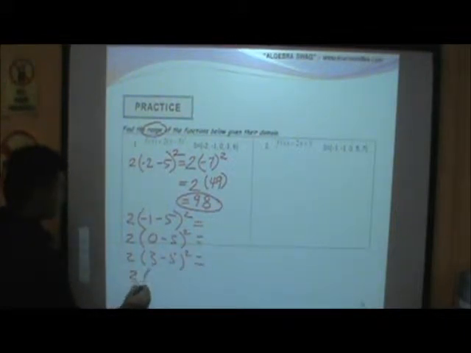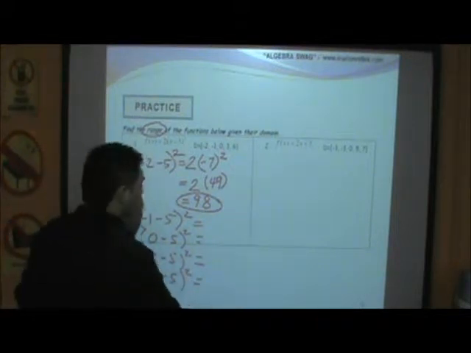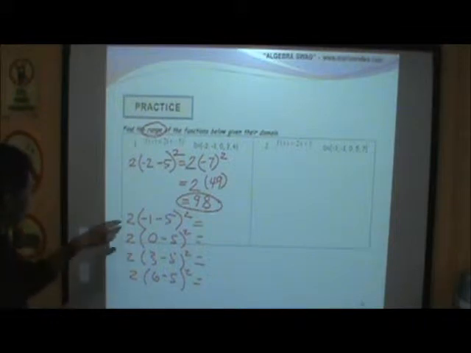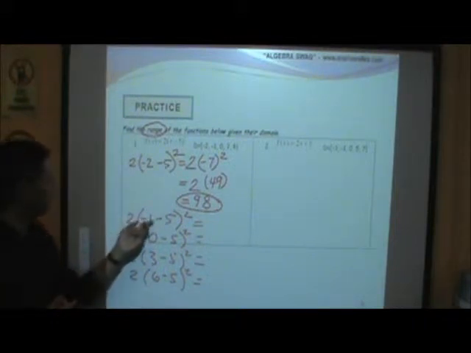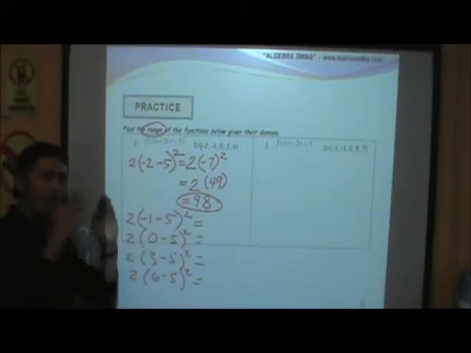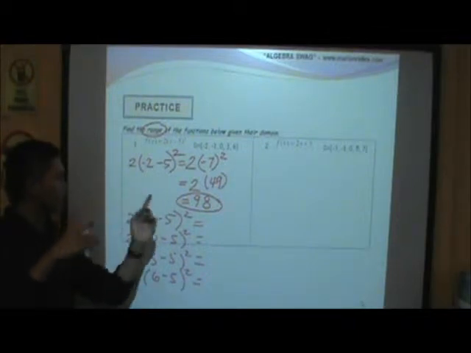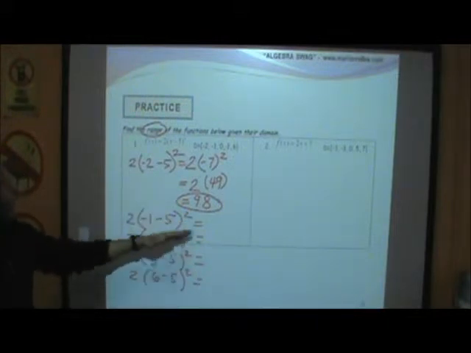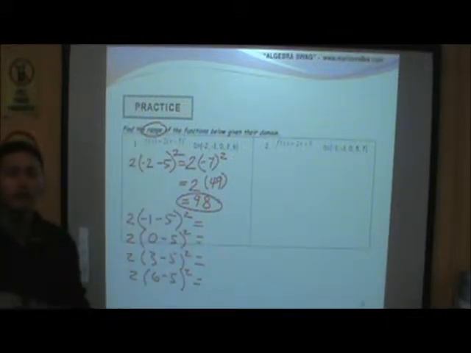Next is 6: 2(6 − 5)². Now, I know you have a calculator. You can press 2, parentheses, −1 minus 5, close it, raise it to the second power, and just hit enter. Key in everything, and you can easily find the values of the range.